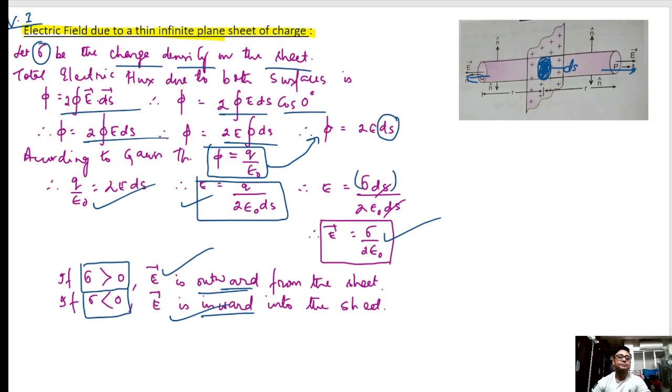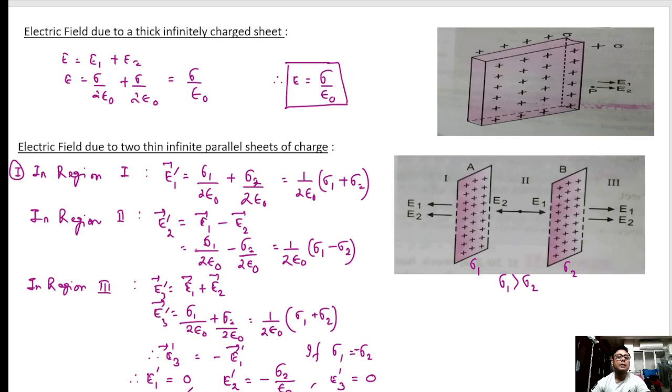Next, as you can watch here, electric field due to a thick infinitely charged sheet. So this is a thick sheet. Sigma is the charge per unit area. Due to the first sheet, positive, electric field is outside, and due to the second sheet, electric field is also outside.